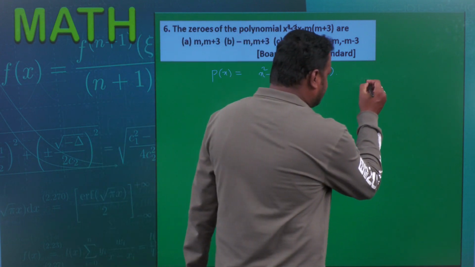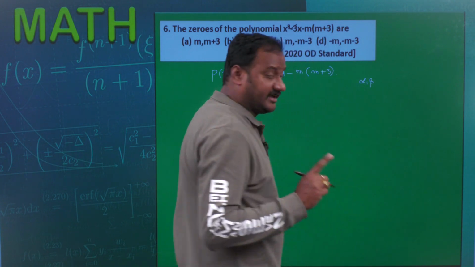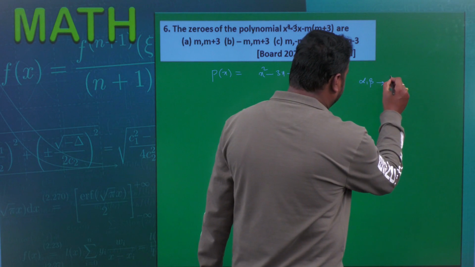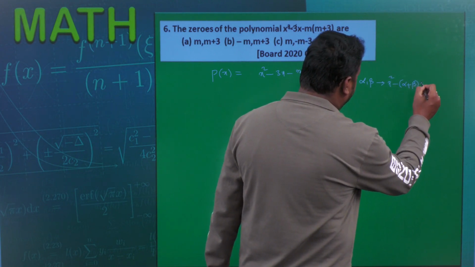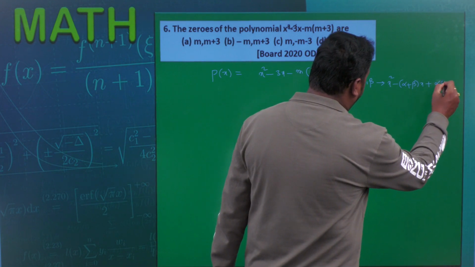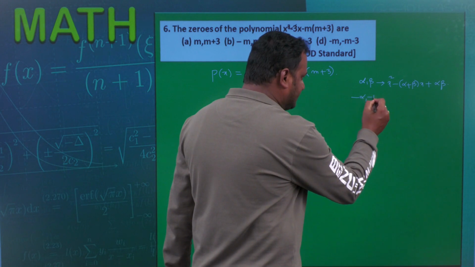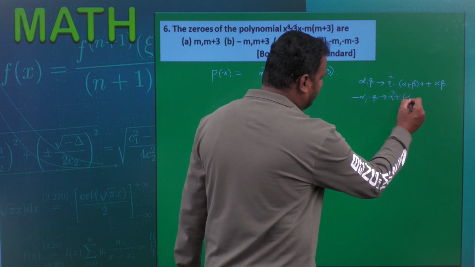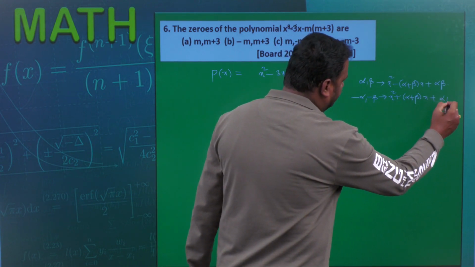Suppose alpha comma beta are the zeros, then the quadratic polynomial is x square minus alpha plus beta times x plus alpha into beta. Suppose minus alpha comma minus beta are zeros, then the polynomial is x square plus alpha plus beta into x plus alpha into beta.